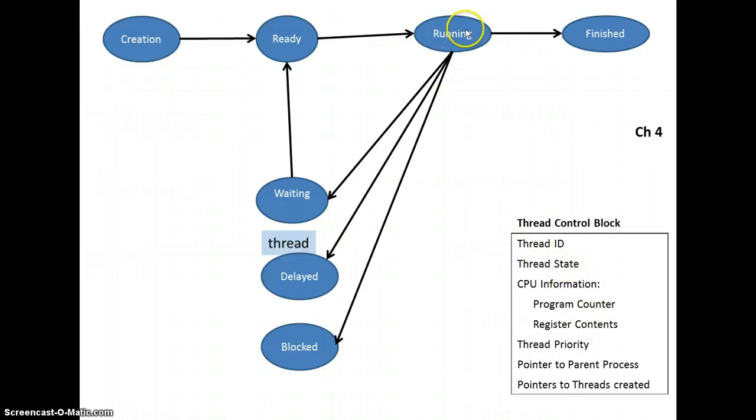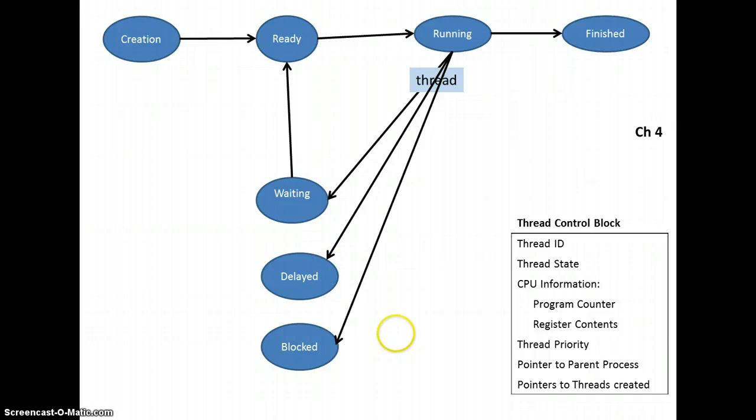When it comes out of the running state, a snapshot is made of the registers in terms of memory so that later when it does resume, it can restore what the memory is. After the thread comes out of either the waiting, delayed, or blocked state, it's ready again, and then from ready it goes into running, and this will keep happening until the thread finishes.